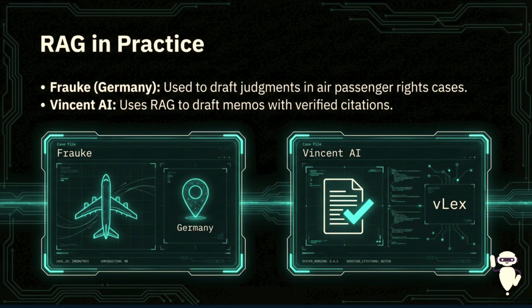And they also have Vincent AI to draft memos that come with verified and clickable citations. So legal personnel can use this AI system and go to the reference information or citation without having AI hallucination in their work.